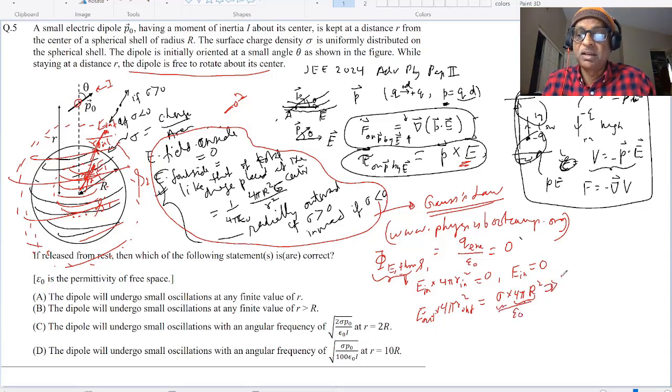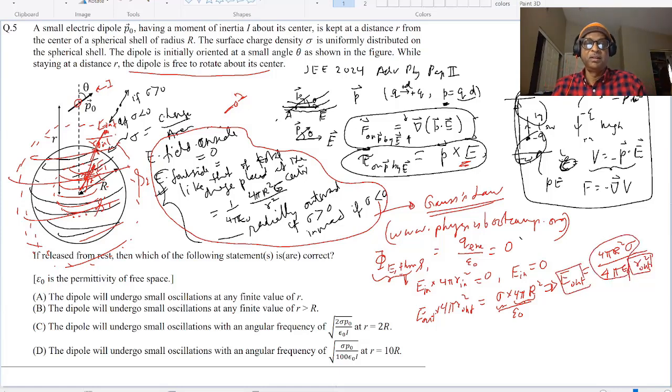So you get E out equals 4 pi r square sigma over 4 pi epsilon naught r out square. So r out is what E depends on, and the rest is constant. So that's how you know that. Now with that, I think you should be able to solve this problem completely. Let me pause the video and clean this up, and I can just present the rest of the work.